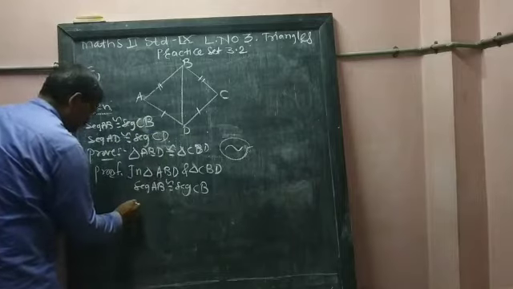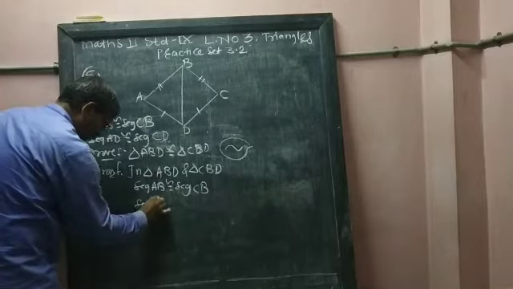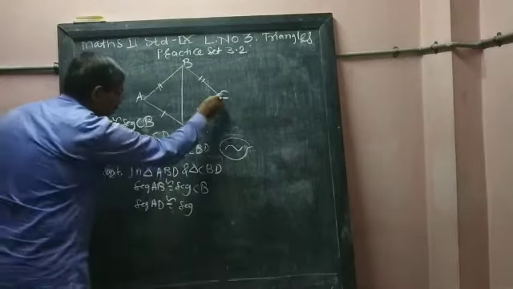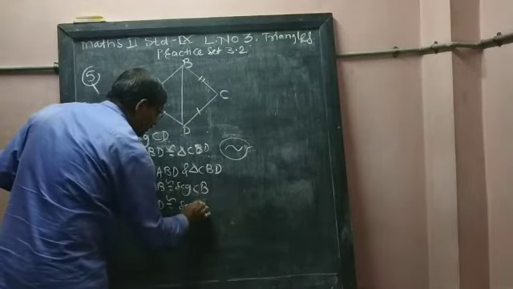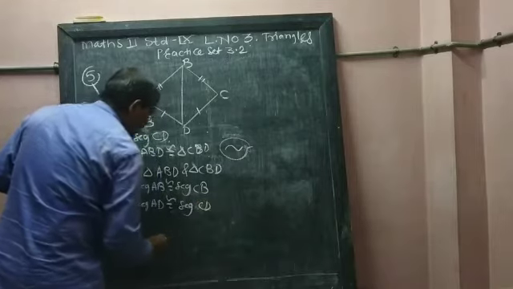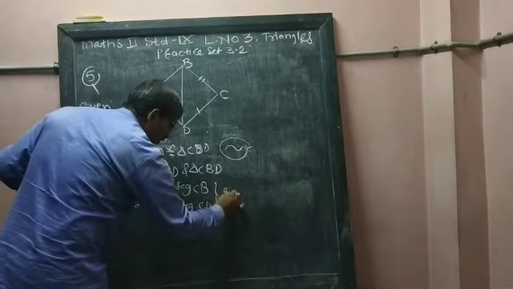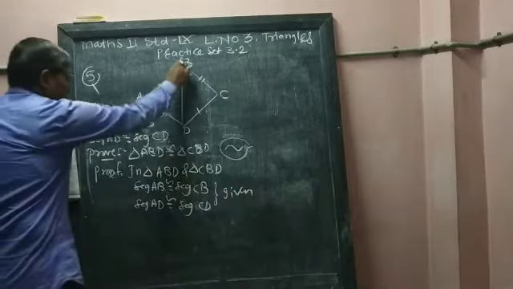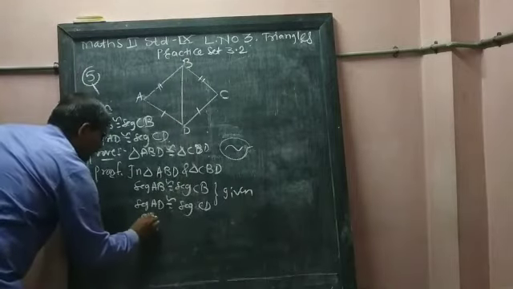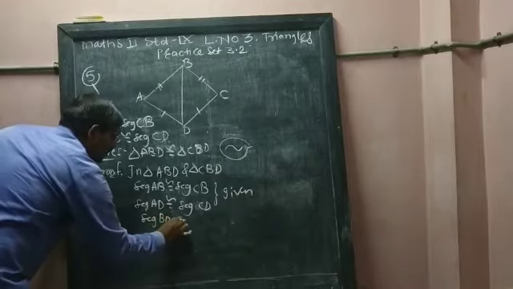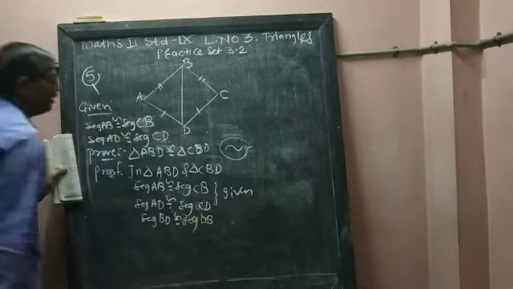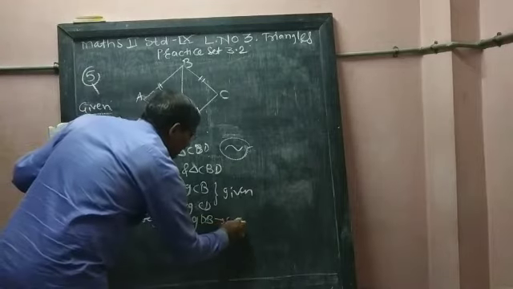Seg AD congruent seg CD, and this is given. For the reason you should mention given. Then seg BD congruent seg DB, common side.